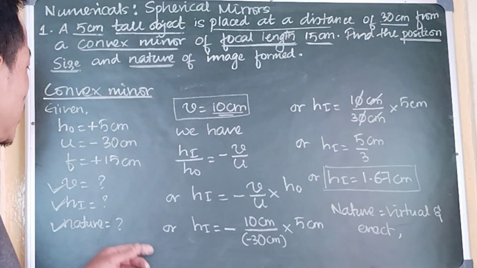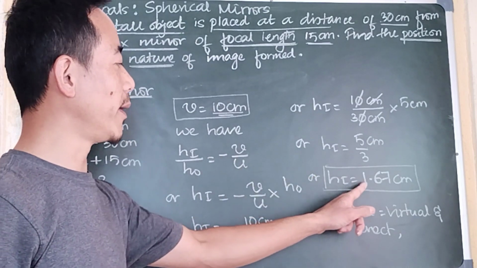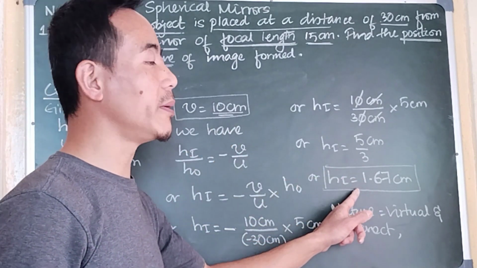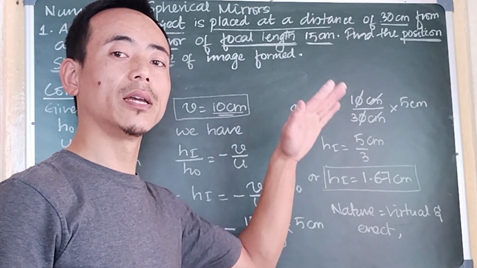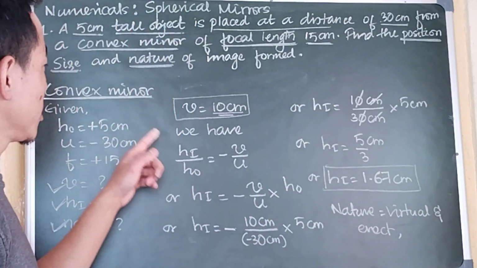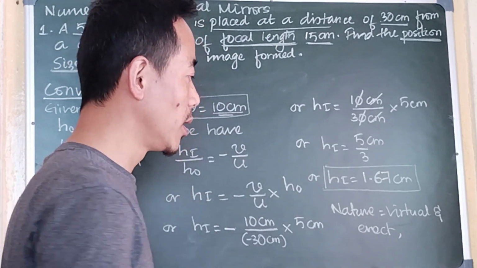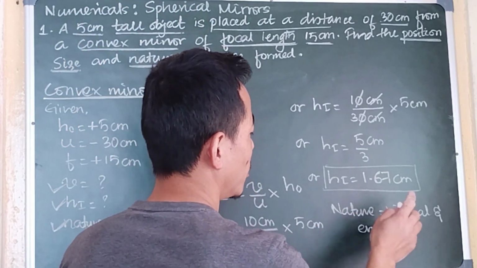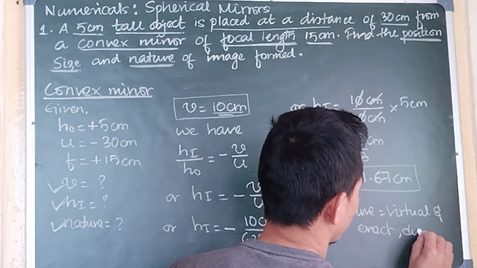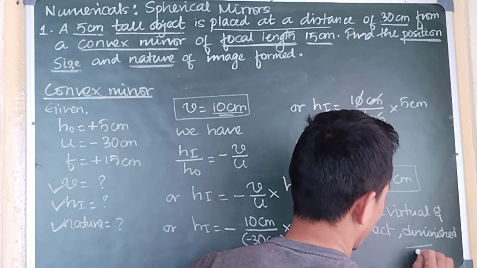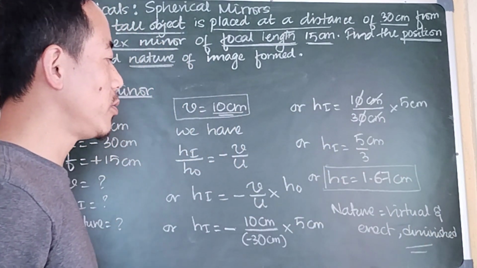And if you compare the size of the object and the size of the image, you will see that the object height is greater than the image height. That means the image has been reduced or diminished. Since we are talking about a convex mirror, the image will always be diminished. So here you can write virtual and erect, and also the image is diminished. So this will complete your answer.